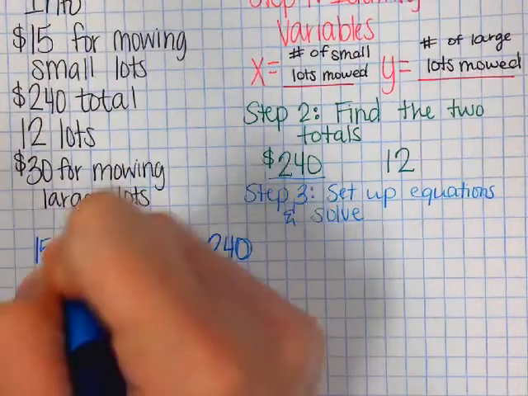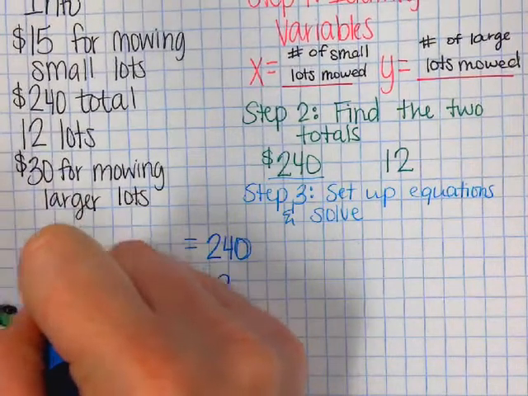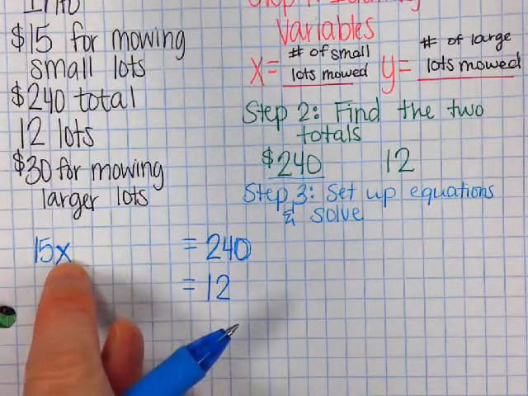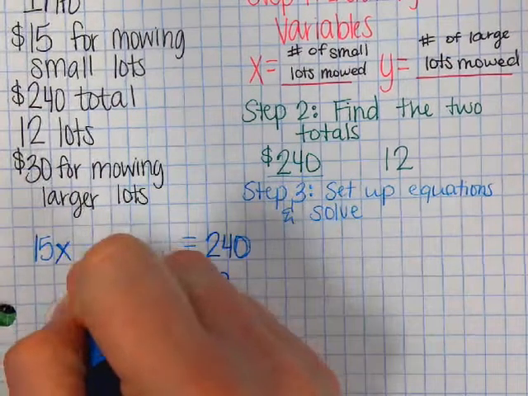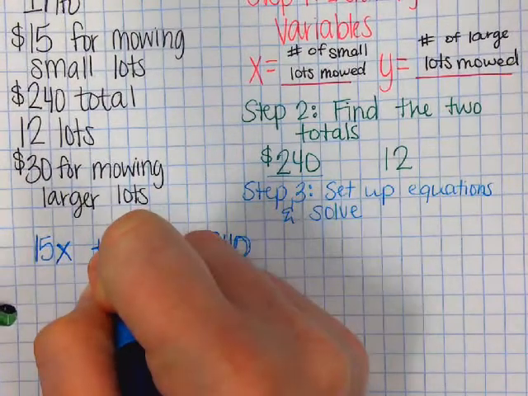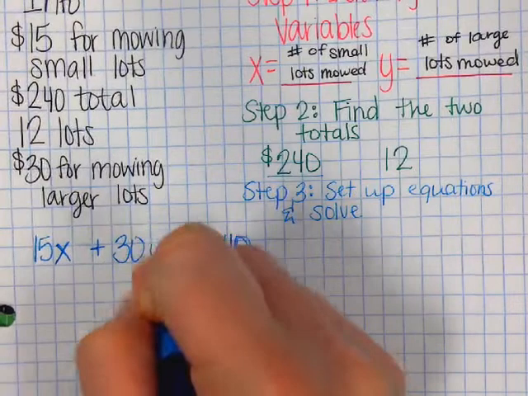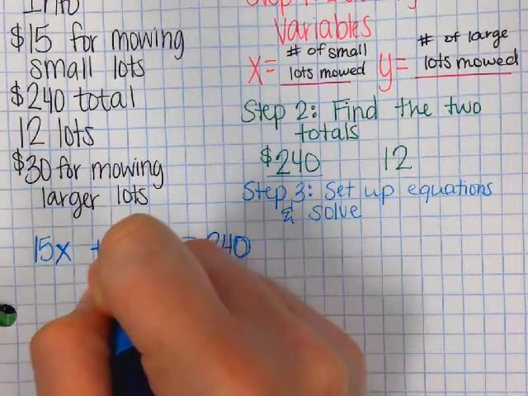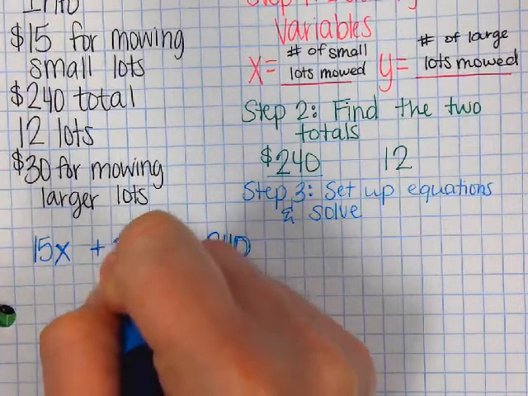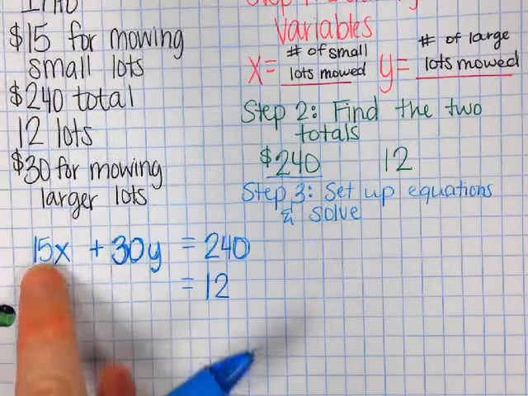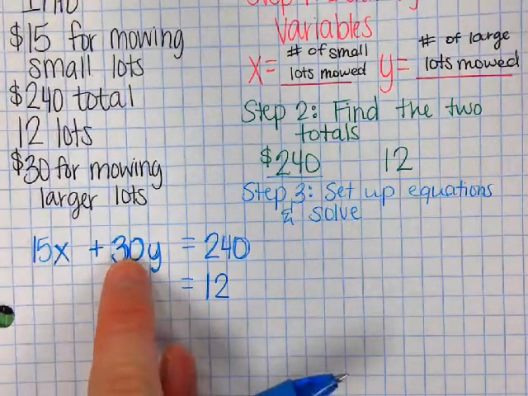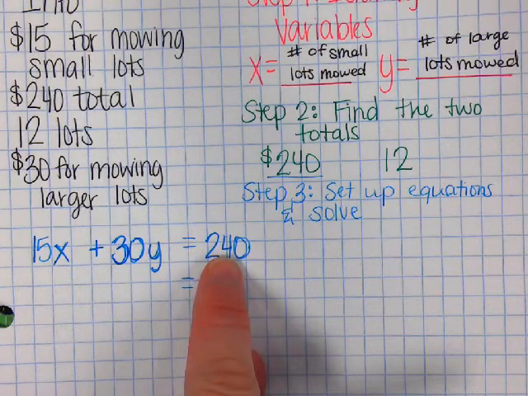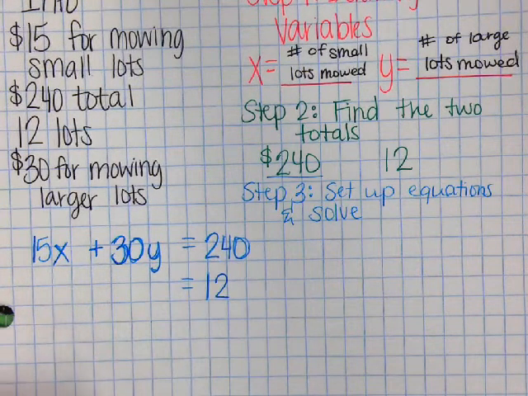So I'm going to write it as 15 times each x. Now we don't know how many small lots, so it's $15 for however many small lots plus $30 for each large lot. So all I did there is said it's $15 for small lots and $30 for large lots is going to give me a total of 240.